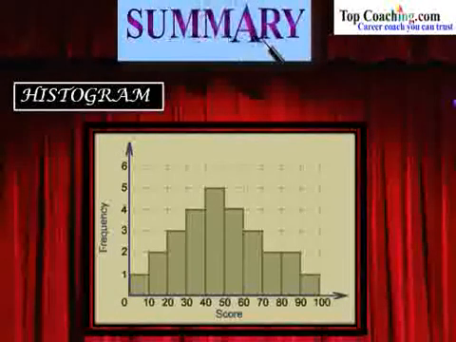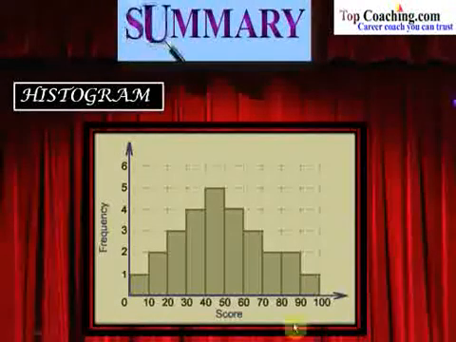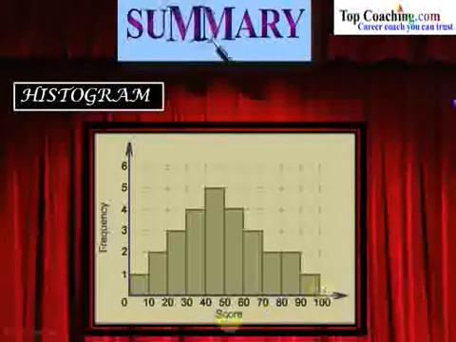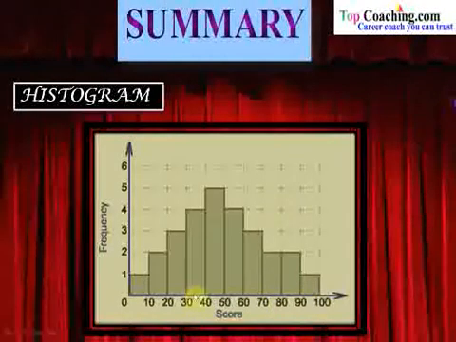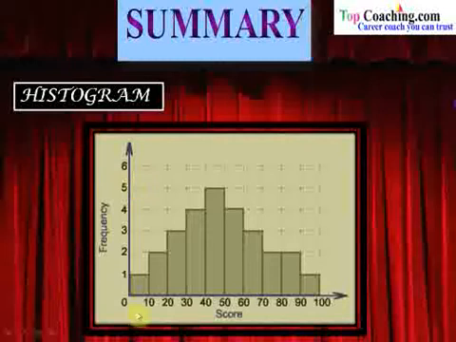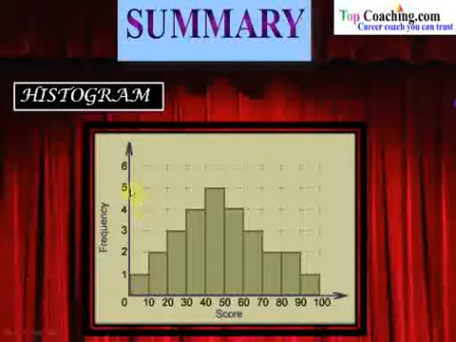Now from this chart we can say on the x-axis there are scores, and on the y-axis there are frequencies. Scores are like 0 to 10, 10 to 20, 20 to 30, 30 to 40, 40 to 50, 50 to 60, 60 to 70, 70 to 80, 80 to 90 and 90 to 100. And frequencies are like 1, 2, 3, 4, 5, 6.